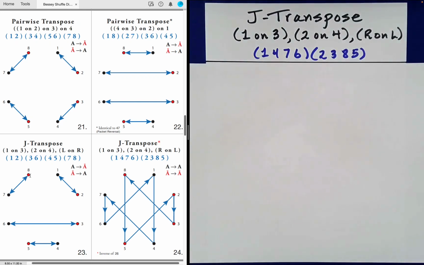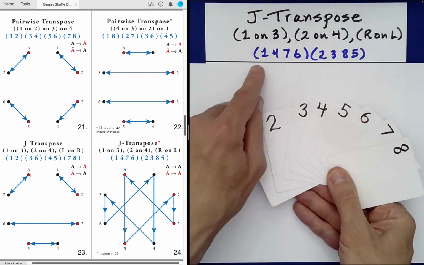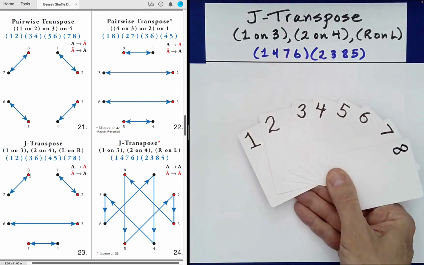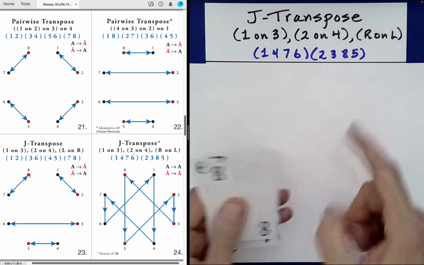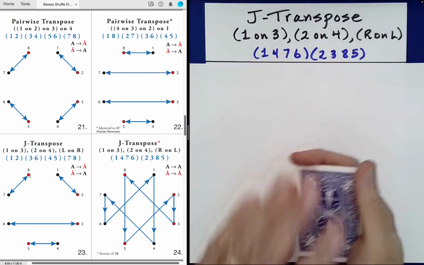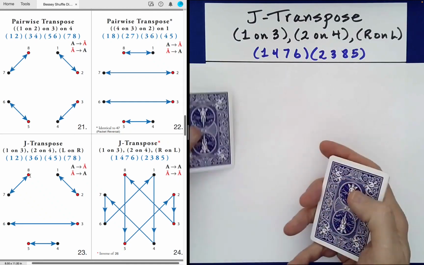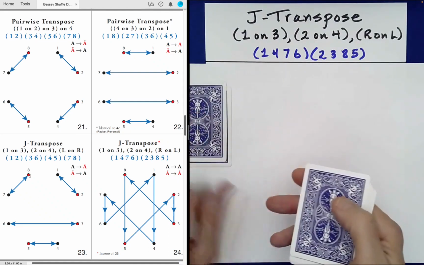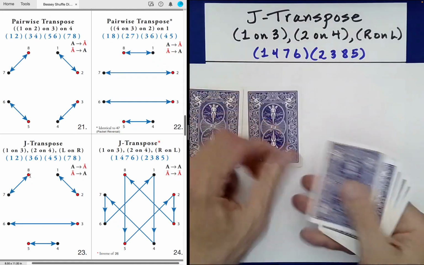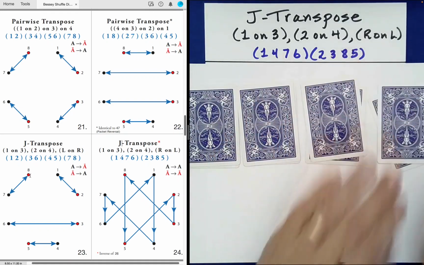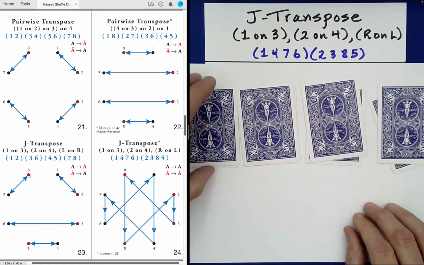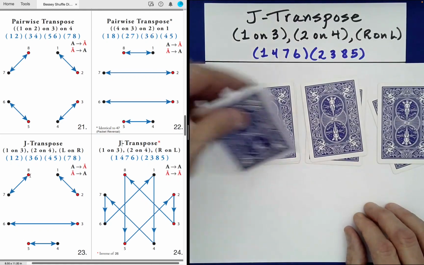Okay, so let's go ahead and prove that this is the cycle notation for this permutation. We'll begin with our ordered packet and we'll perform our shuffle. The transpose always begins with dealing 1, 2, 1, 2, 1, 2, 1, 2. Now the stacking is going to be pile 1 on top of pile 3.